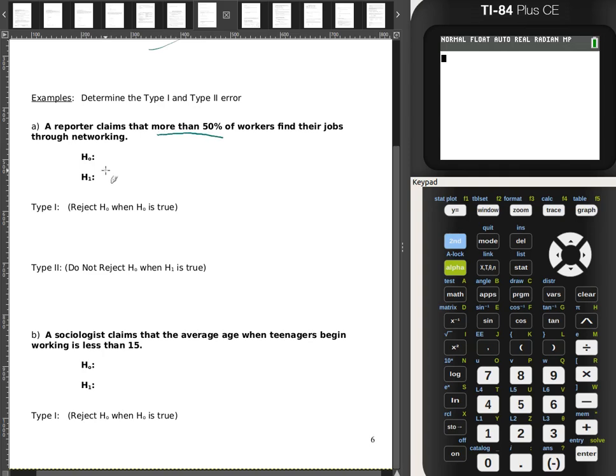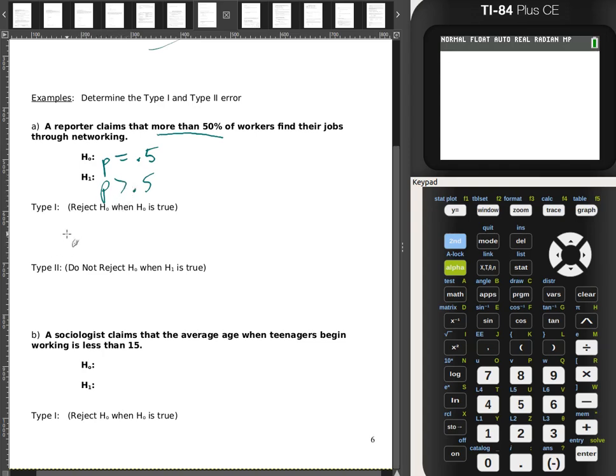That means that the claim we are testing is that the proportion is more than 50%. We should then have our default one, which is the null hypothesis, that it's equal to 50%. In that case, a type 1, remember, is whenever we reject the null hypothesis, but actually we should not have done so.